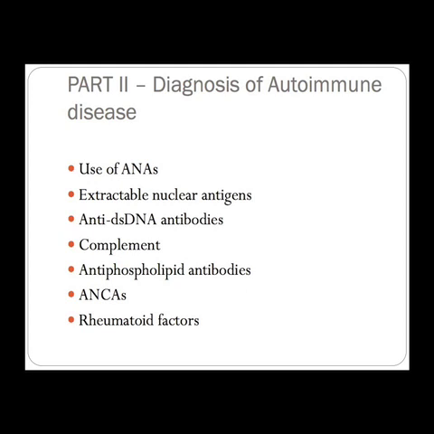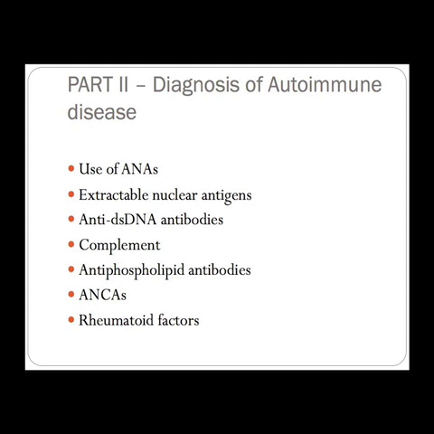So this is part 2 of the third Immunology podcast, and is going to be about the diagnosis of autoimmune disease. I'm going to look at the use of antinuclear antibodies, extractable nuclear antigens, anti-DNA antibodies, complement, antiphospholipid antibodies, ANCAs, and rheumatoid factor.